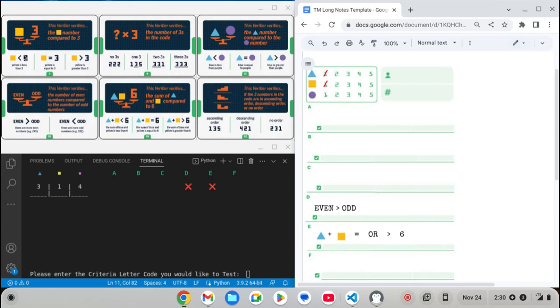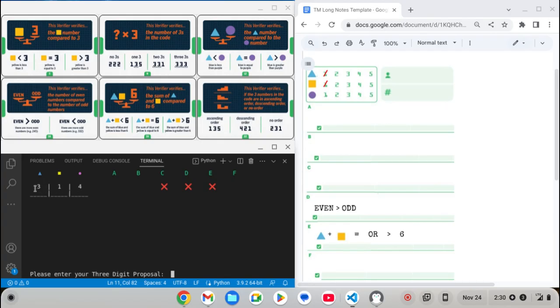What can we test? I did pick a 1 for square. Obviously that's incorrect. So it could be either less than or equal or even greater. I think for that fact, let's go ahead and test criteria card C. Okay, so it also does not approve of my choice for triangle and circle.